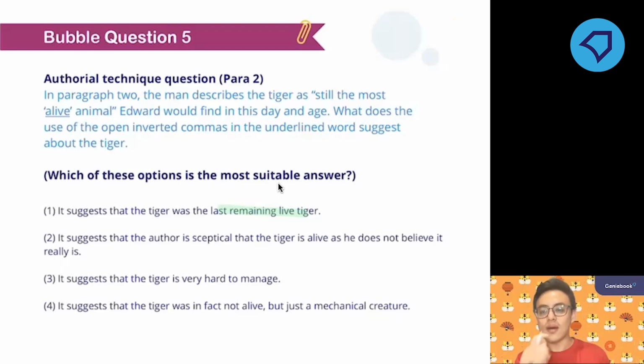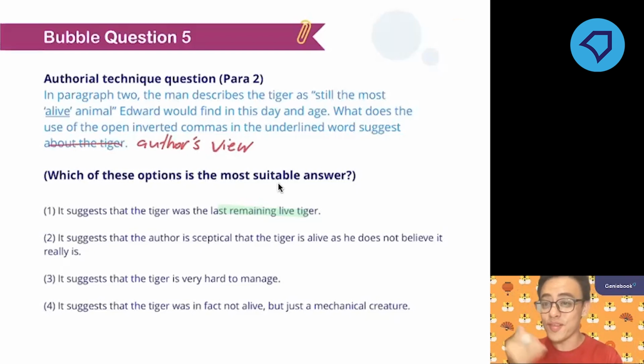The author is skeptical. Now, that would fit if the question asked what does it suggest about the author's view. But it didn't ask what does the underlined word suggest about the author's view.